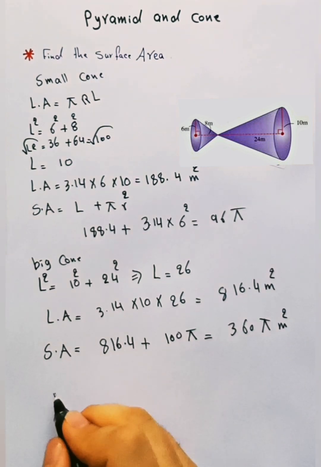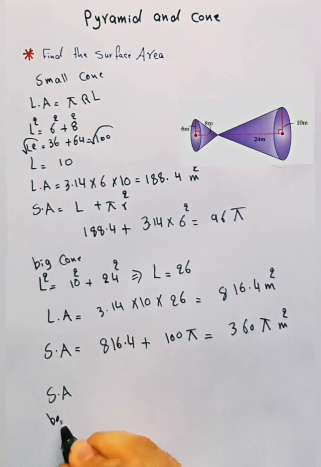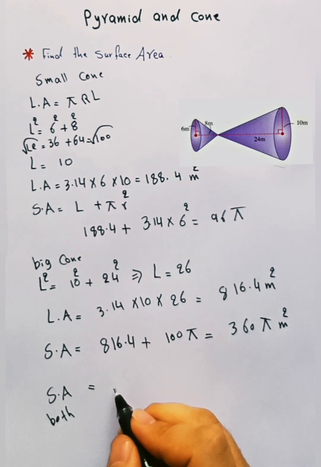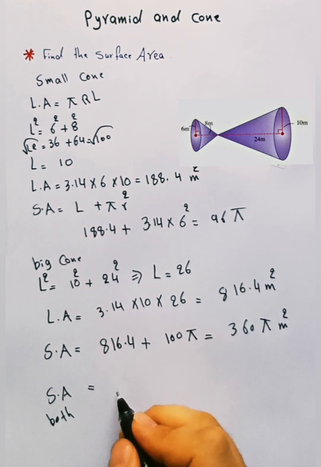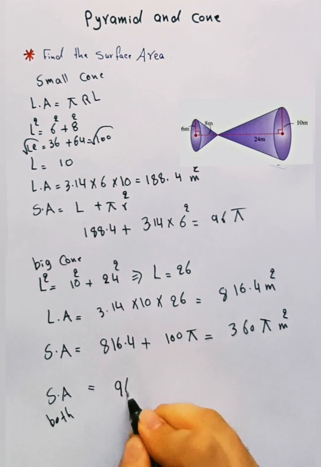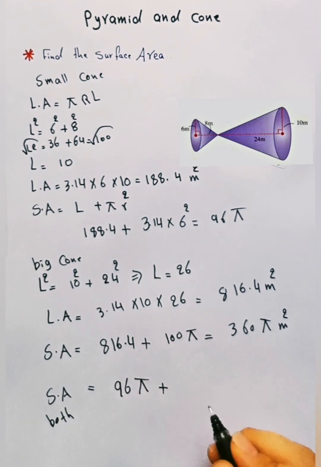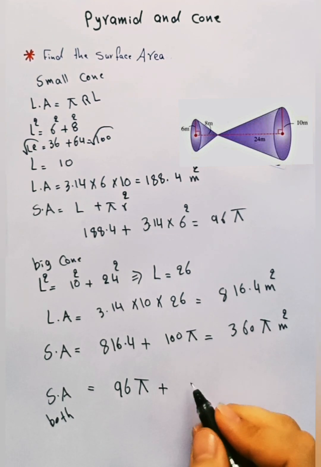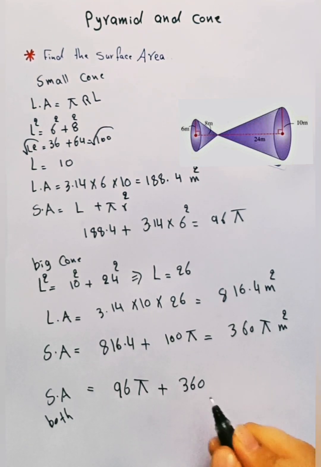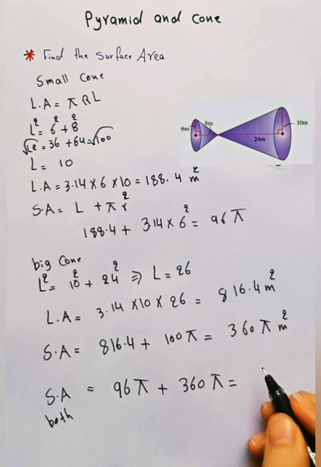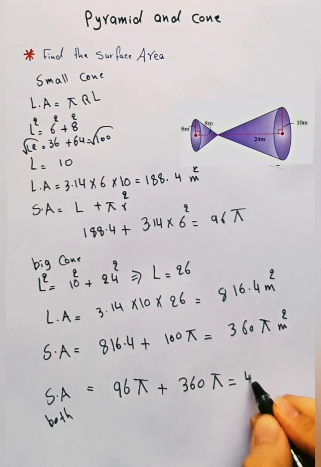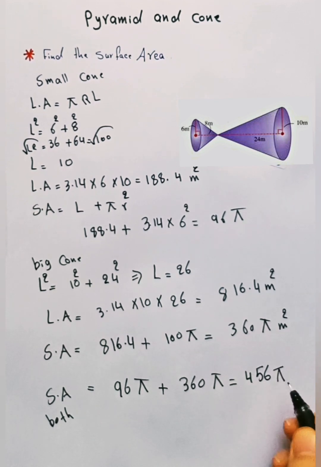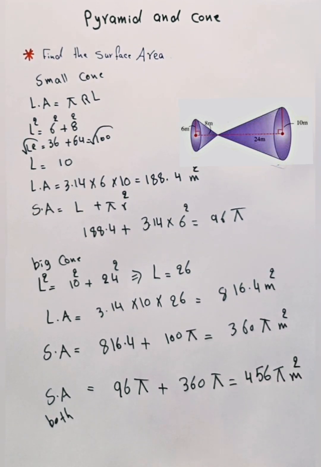After that, the surface area for both shapes: the surface area for the small cone is 96 pi plus the surface area for the big cone is 360 pi. So the sum is 456 pi square meters.